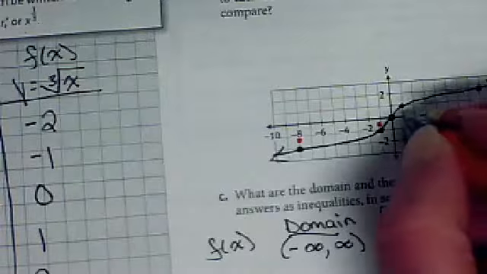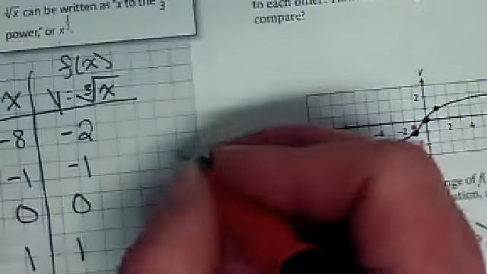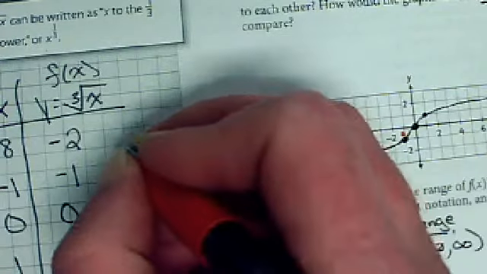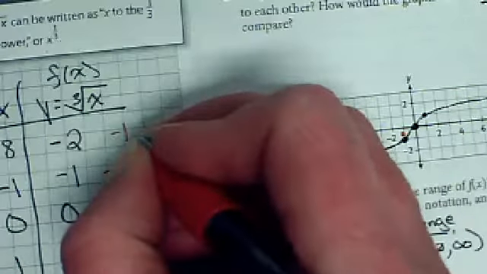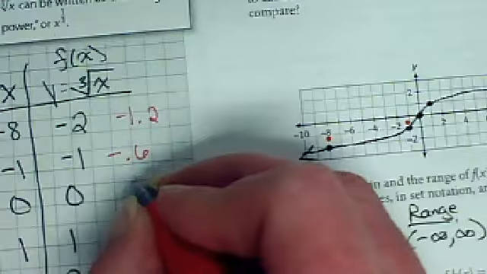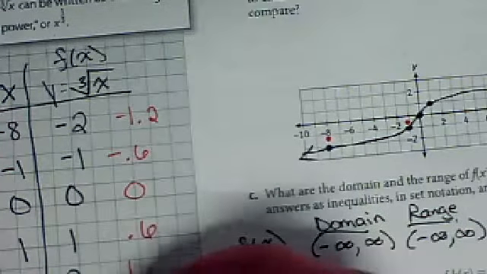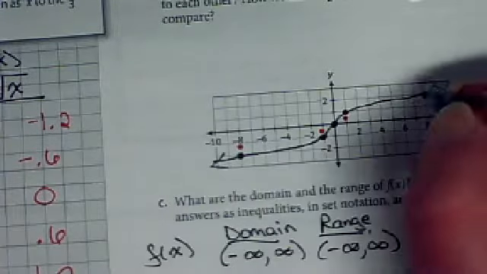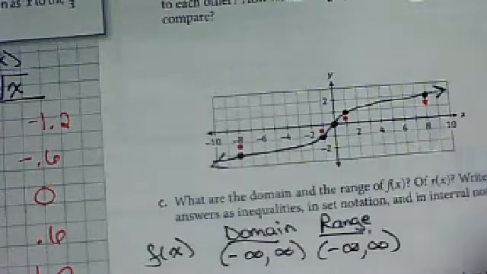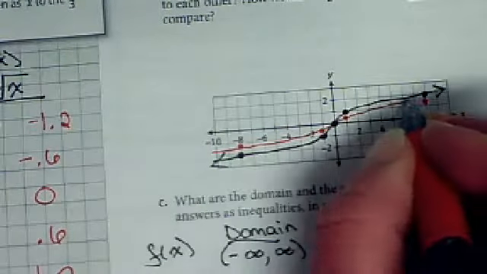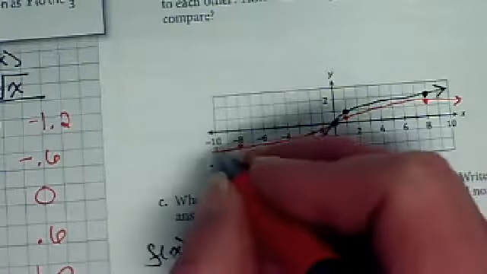And 8 went to 1.2. If I multiply that by 0.6, we'd get a very almost symmetrical layout. Now this is the same shape, it's just vertically shrunk.